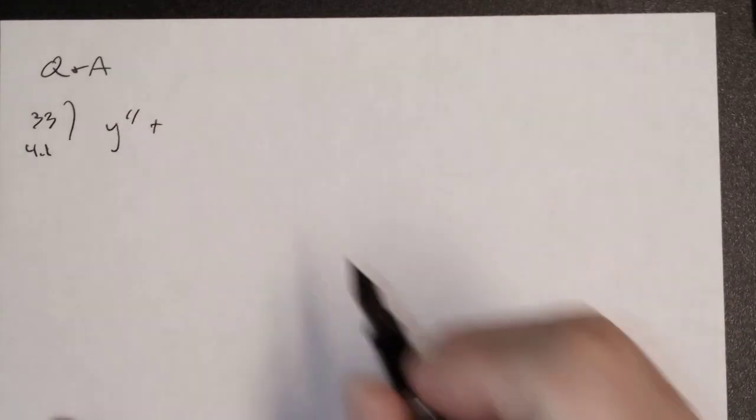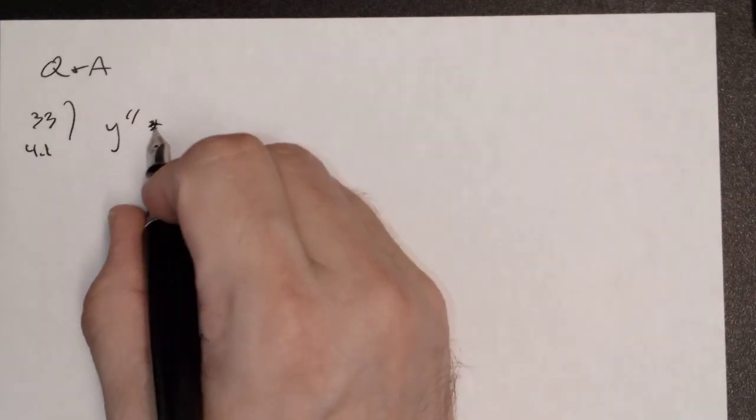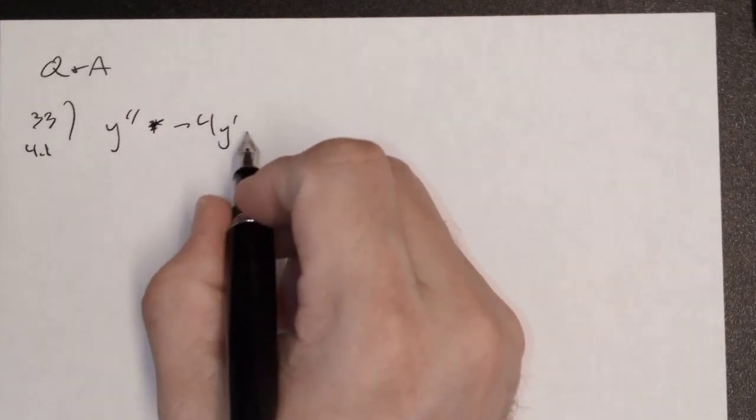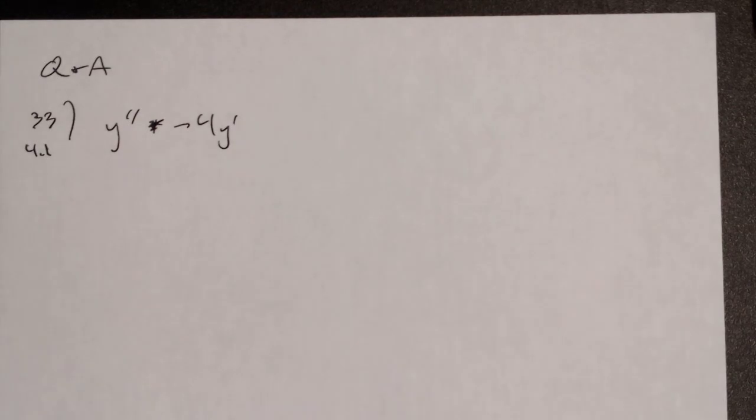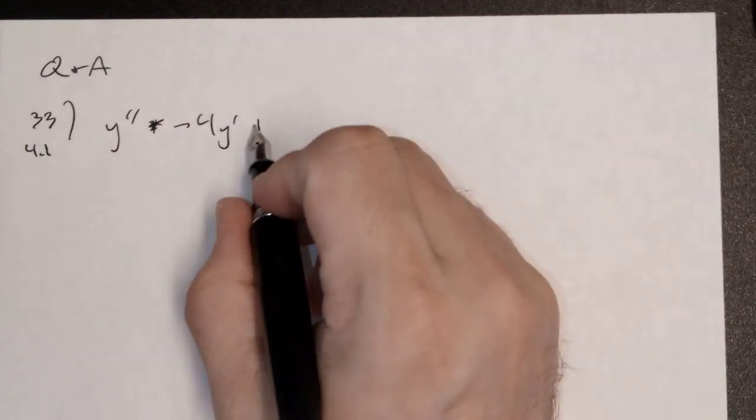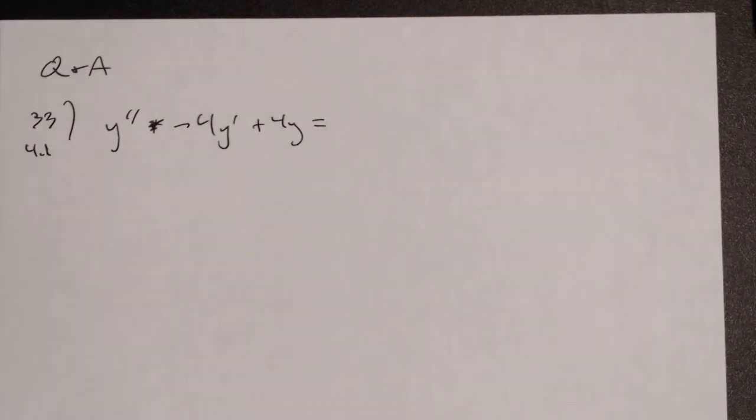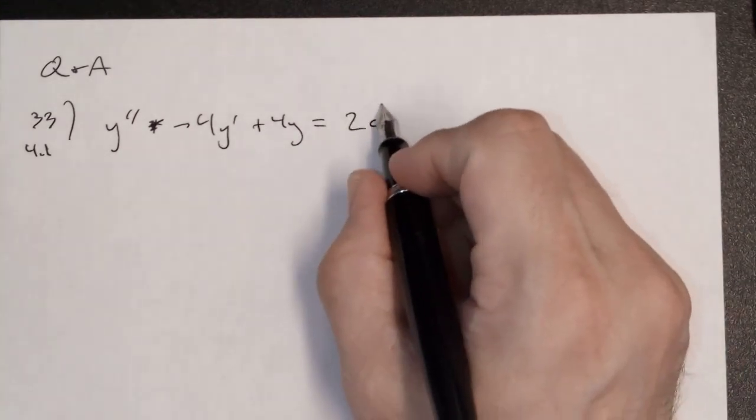y double prime minus 4y prime plus 4y equals 2e to the 2x plus 4x minus 12.